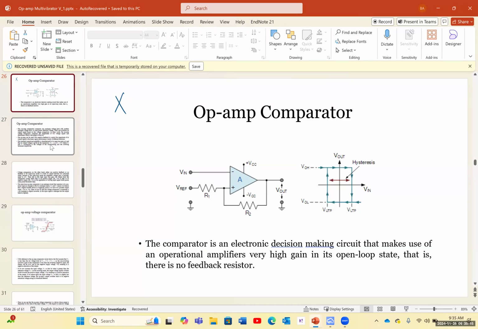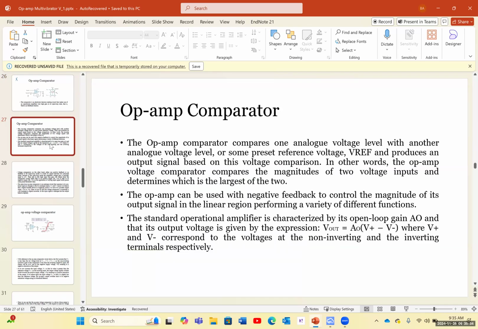If the positive input is greater than the negative input, you would have a positive voltage at the output, which is usually the supply rail voltage. And if the negative voltage is greater than the positive voltage, you're going to have a negative voltage at the output.